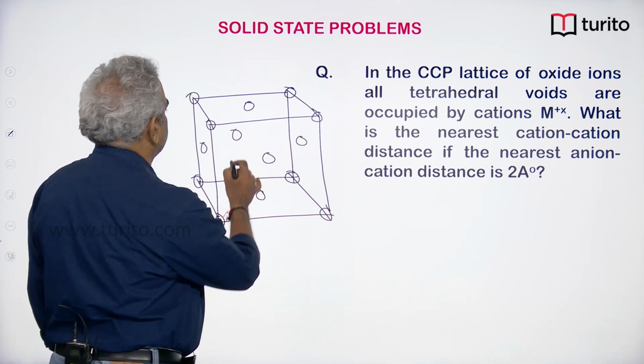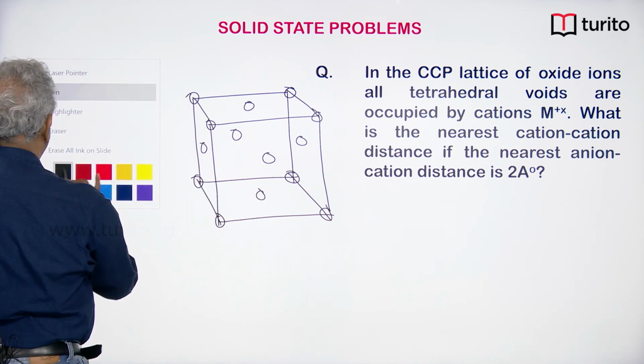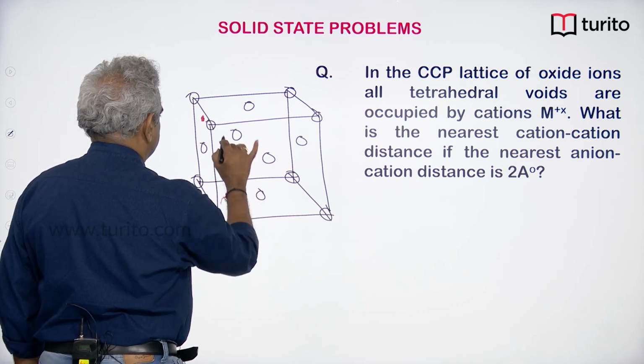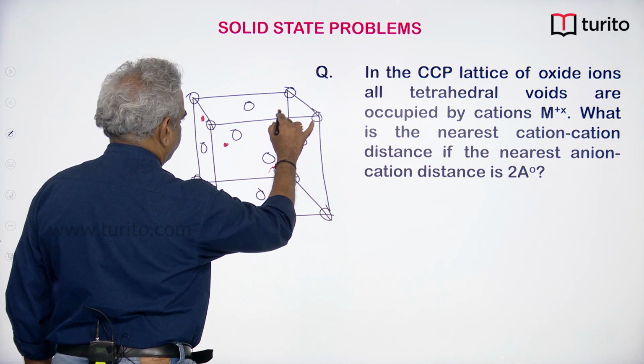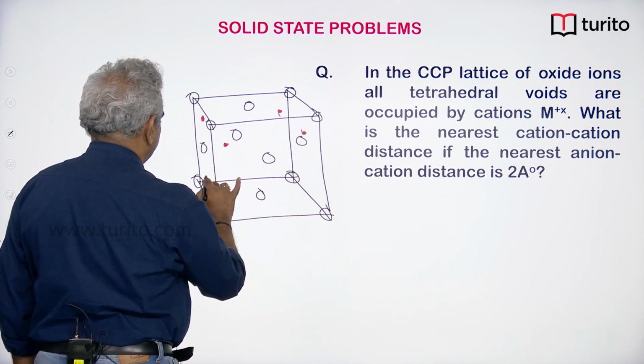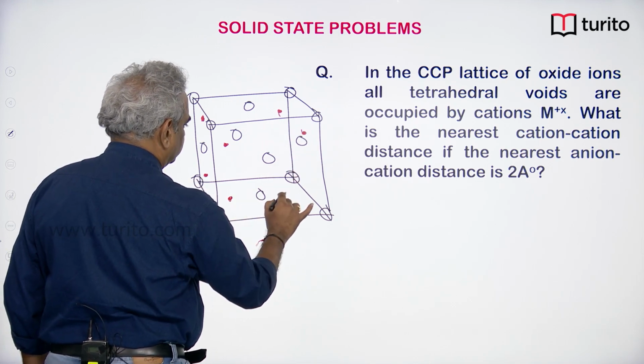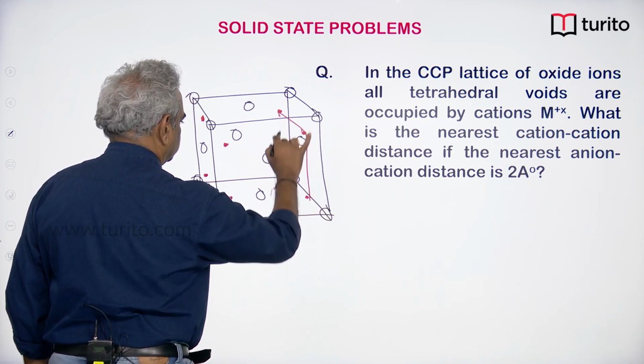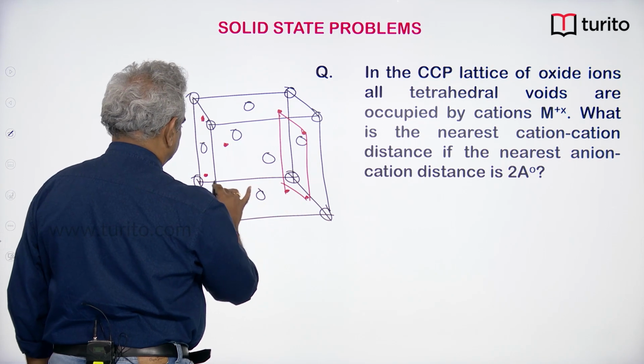So, where do you find the tetrahedral void? As I told you earlier, we will show it with this. These are the tetrahedral voids. They make a cube inside. See, if you connect, you can find.